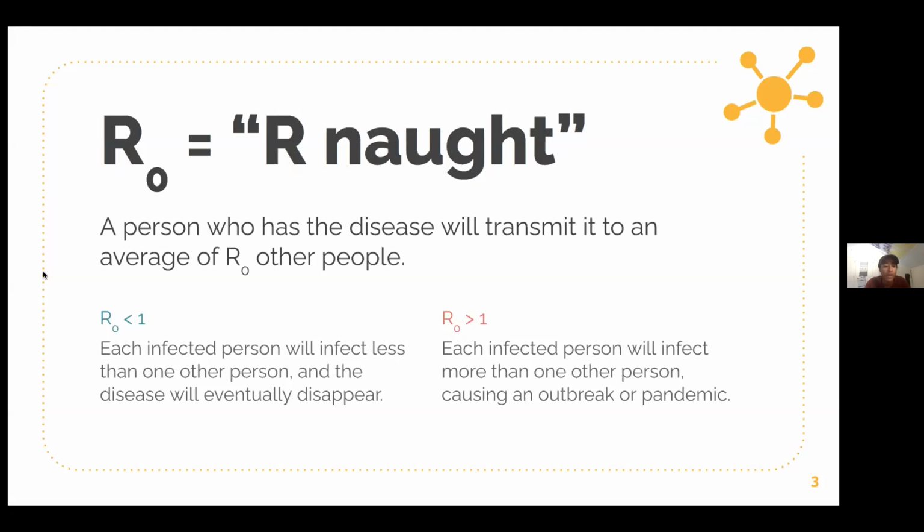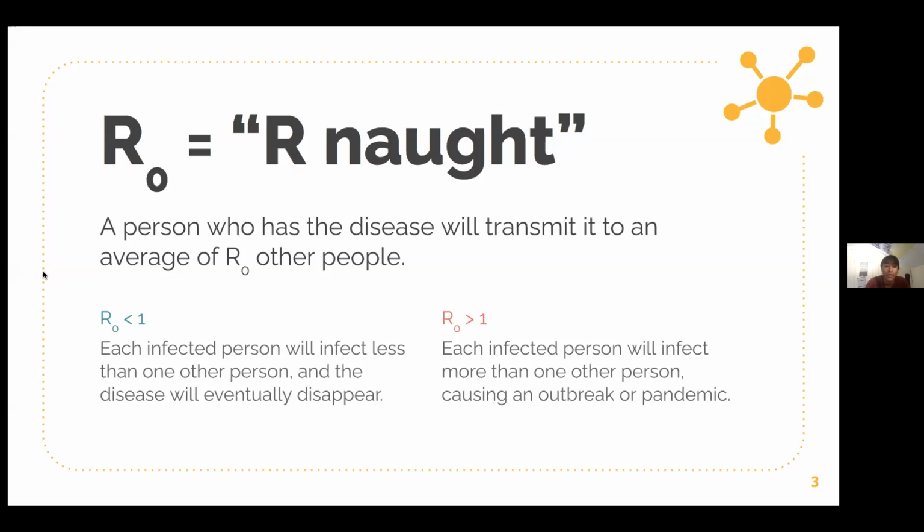It's the net reproductive ratio, defined as the reproductive rate for a finite period of time of the pathogen in the host population when hosts are not limiting. And this will help you determine the number of secondary cases caused by a primary case.